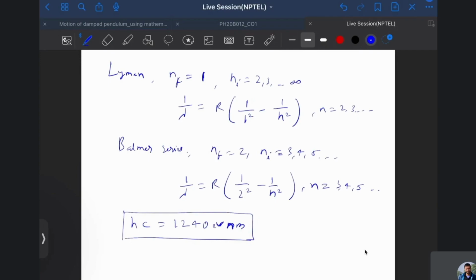Yeah, EV nanometer. So this hc has the unit electron volt nanometer. Okay. Anyone else? Any question?